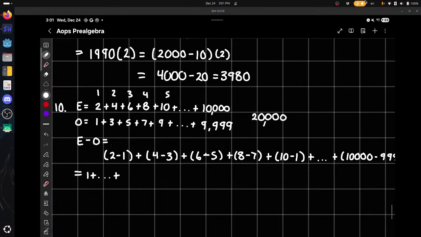So that is 10 numbers. This is a tricky one.